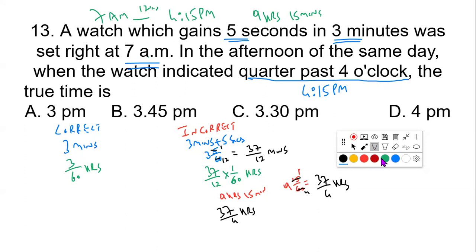Now visualize: if this has run for 9 hours and 15 minutes, the correct time would have run how many hours? How do you get this? You can simply cross multiply.